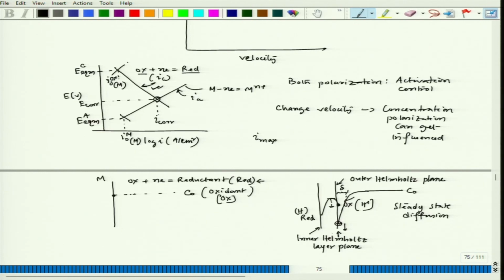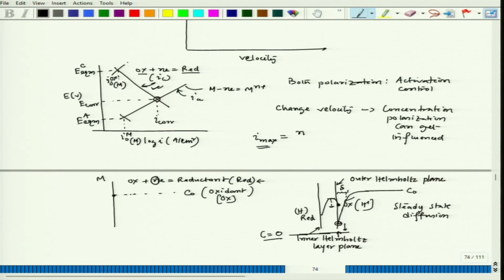So, that means literally at that limiting value, the concentration value would be 0. Okay. So, that point will achieve I max, which is the maximum current density corresponding to the reduction process. Now, that I max relates to a few things. One is the number of electrons for the reduction process.